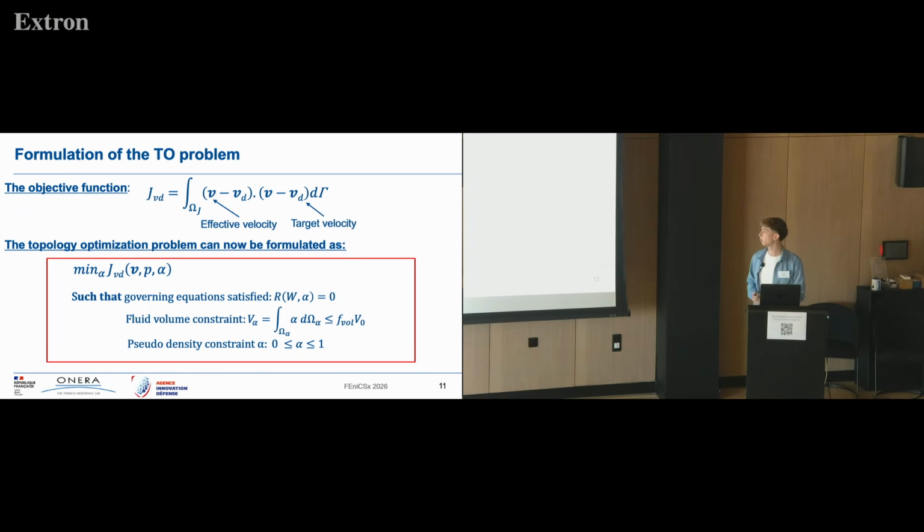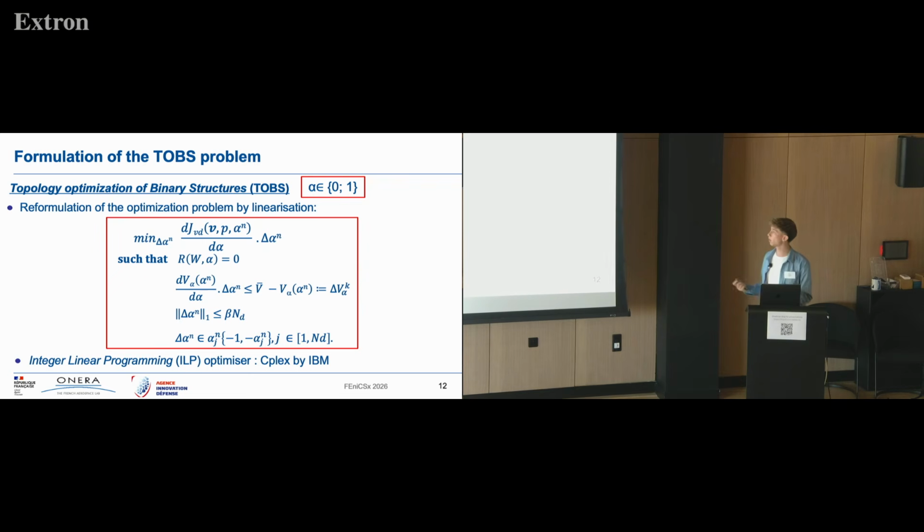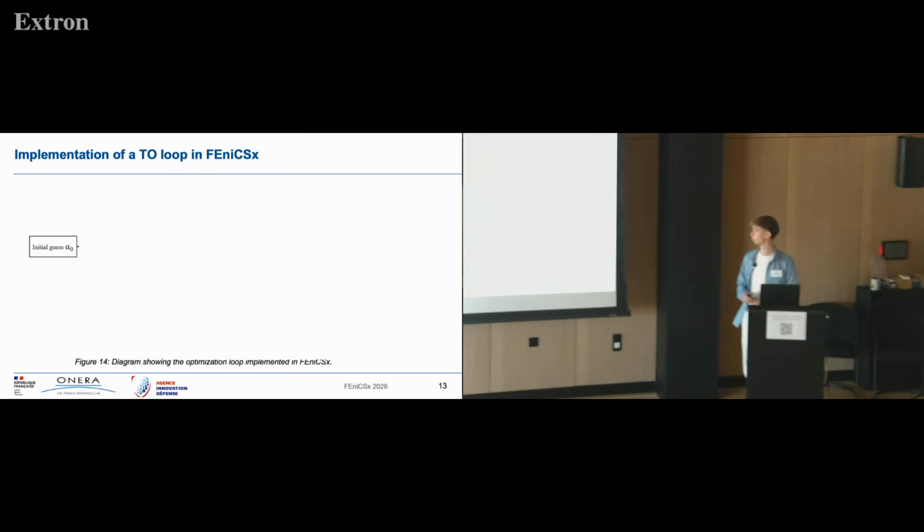But now we can consider a first-order Taylor approximation to linearize this problem and to obtain the TOBS method, where alpha is a binary variable, 0 or 1. This problem is solved by an integer linear programming optimizer, CPLEX in our case. And you can see a new constraint which limits the number of changes between the solid and the fluid at each CPLEX optimization iteration.